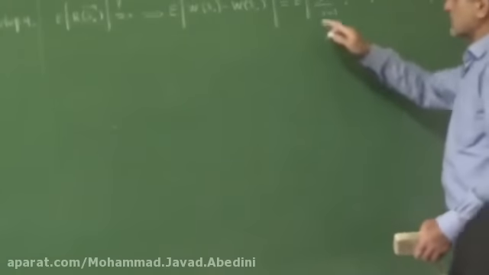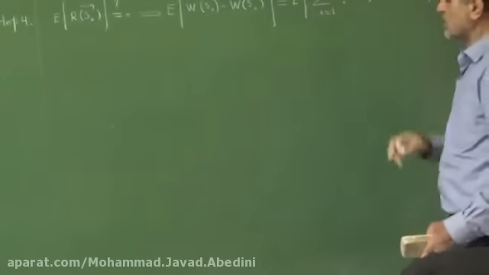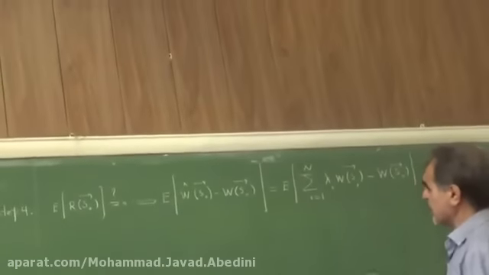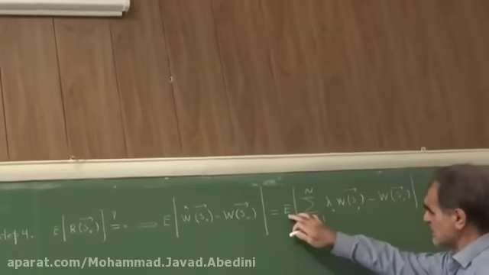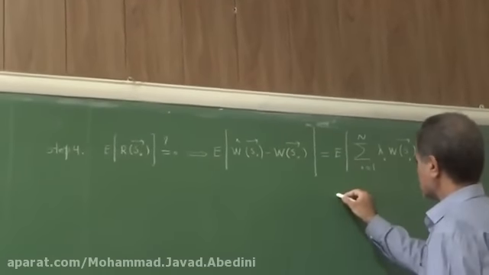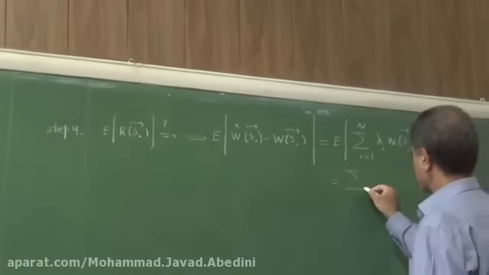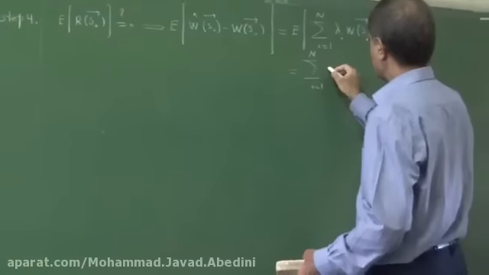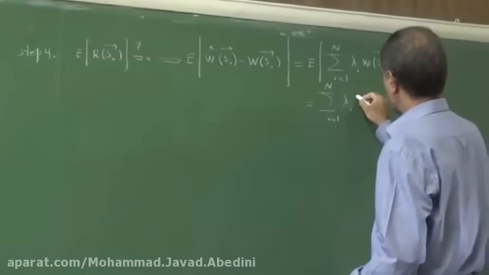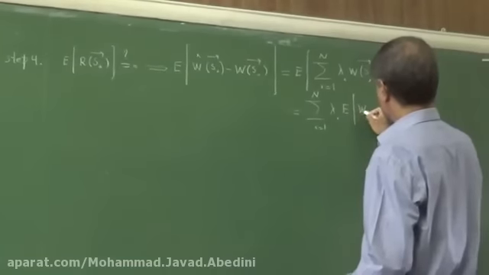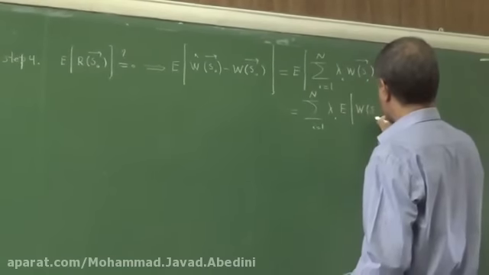as this operator expectation is a linear operator, we can bring this operator inside, writing it as summation i from 1 to n lambda i expected value of W at s i.